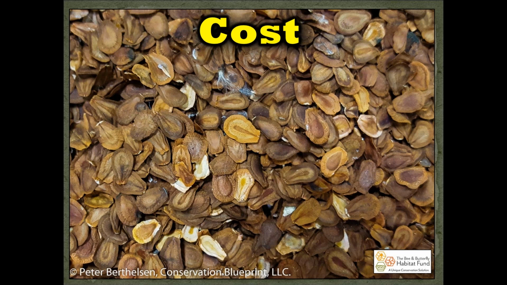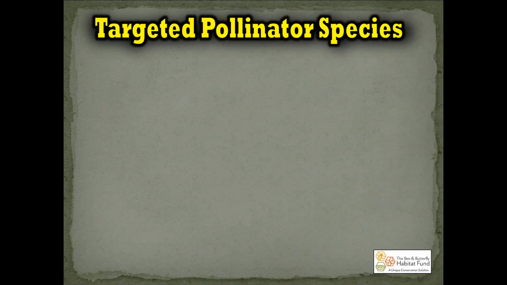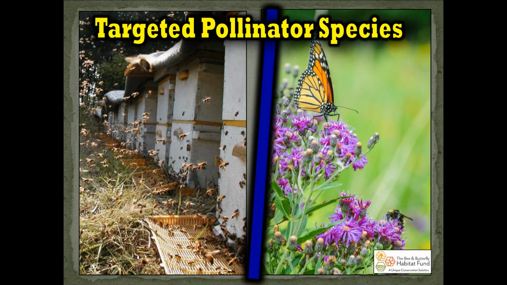So a couple other potential factors that you need to think about as a land manager to tell somebody that's going to design a seed mixture for you is, what pollinator species do you want to benefit? I read lots of permitting regulations and things that talk about how they want to benefit honeybees, and then very specifically the plant species that honeybees need are not included in the seed mixture.